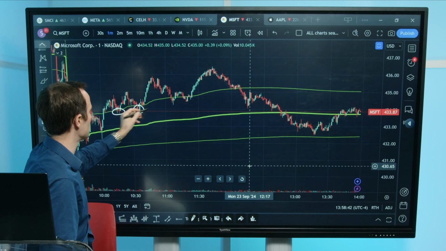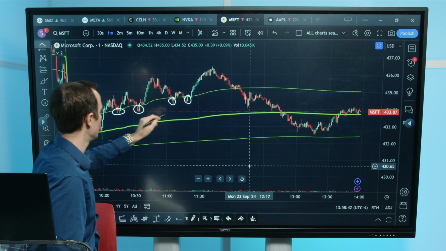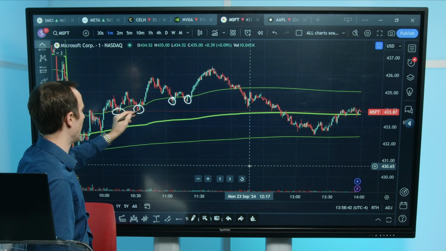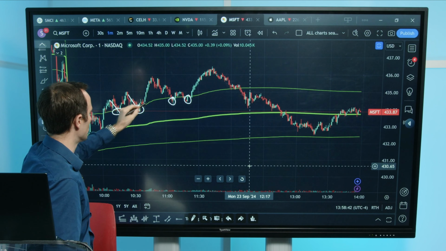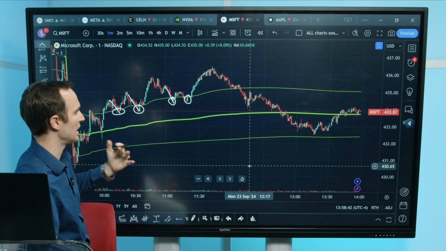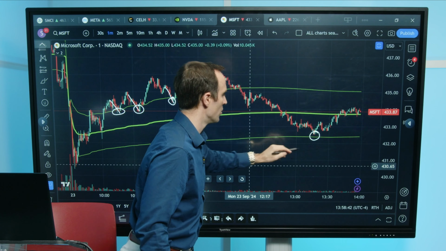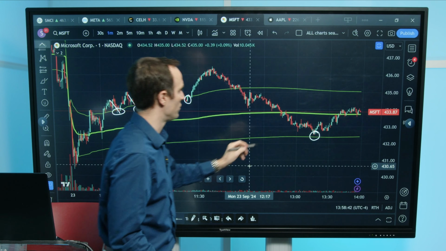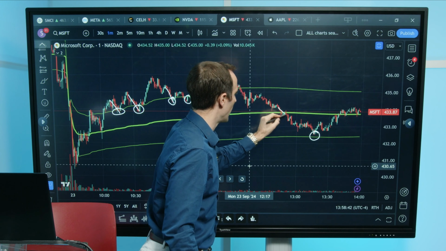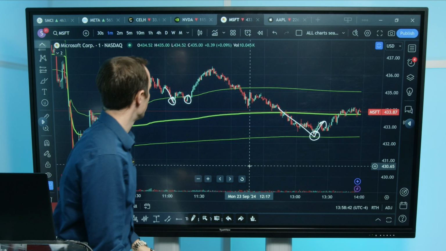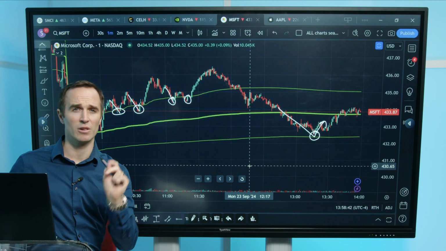You have some pierces here, but again, it's not a perfect move off these bands. You have a pierce, pierce, pierce, right? So it's not a very clean hit. The same thing here. There's a kiss right here. So really what I'm looking for is a very definitive hit and then a move higher, okay? All right, so very, very important to understand that little nuance.